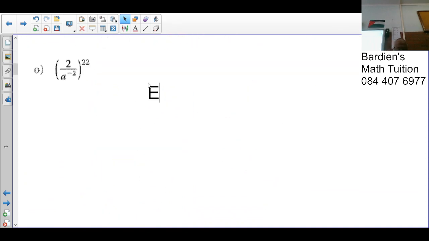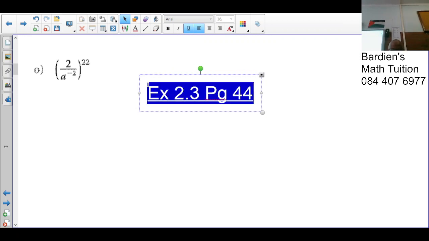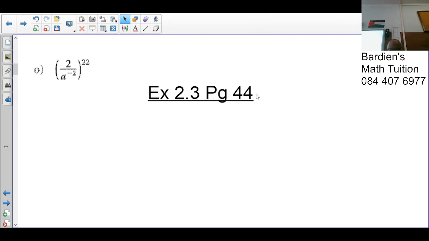This is out of exercise 2.3, page 44. Number 2.